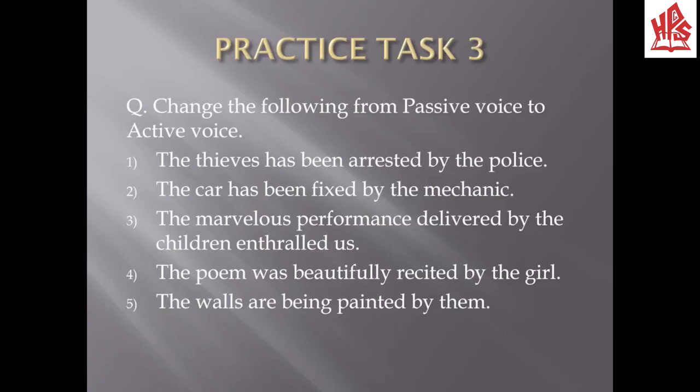So while you will make active of it, you will see that this is the active structure of past simple tense. The girl recited the poem beautifully. Here you have removed was and by, and when we have removed everything and converted the remaining sentence, we have seen the active structure has come as past simple tense.